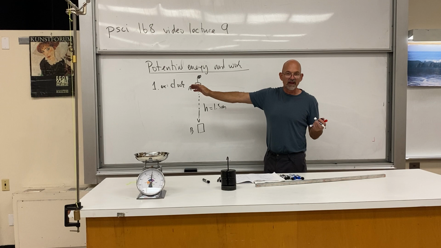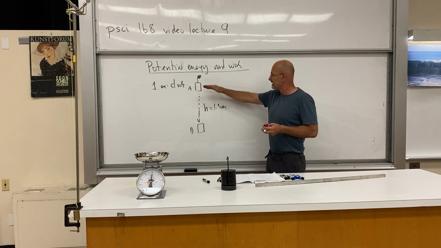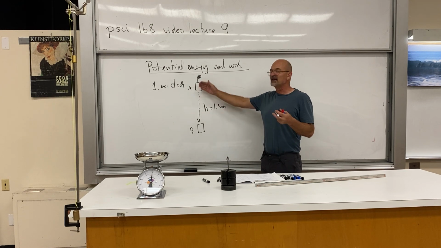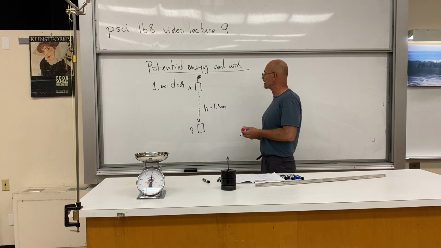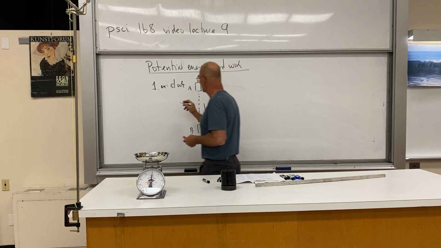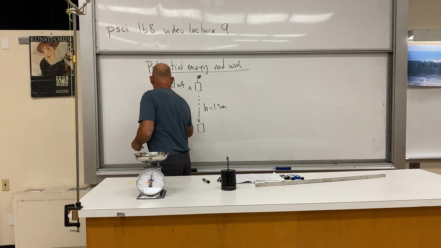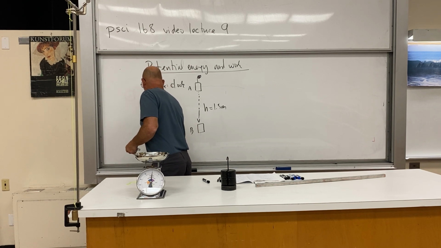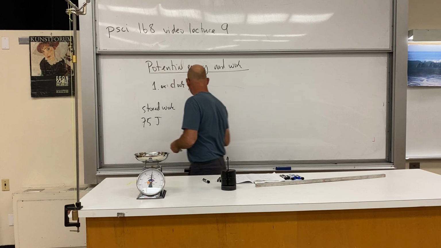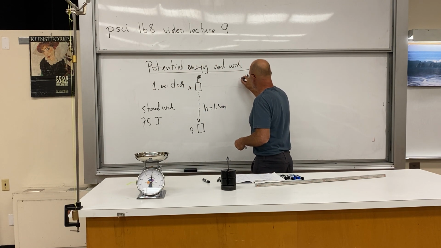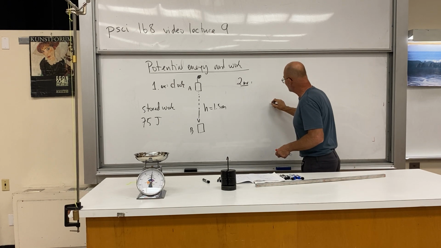I'd come back next week and let it run down, okay? Or come back a year later for that matter, let it run down. Okay, so we've got stored work. 75 joules, etc.